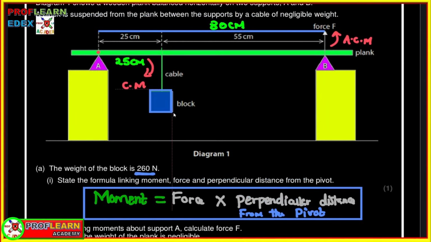Remember, when the forces are balanced, then that object is not going to move because there is no resultant force. So we can say that the reason why that is happening is because the weight, which is acting downwards, and the tension, which is acting upwards, are equal in magnitude.